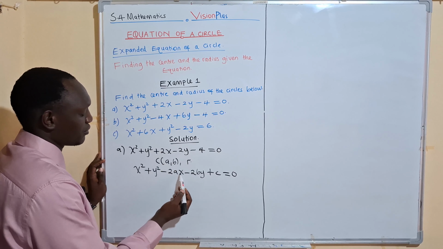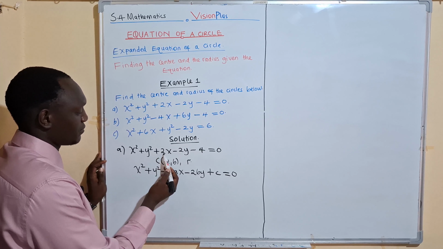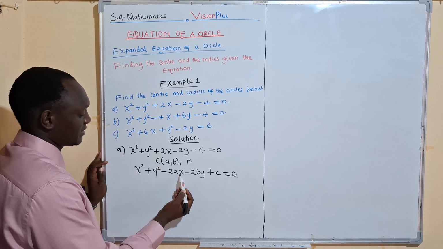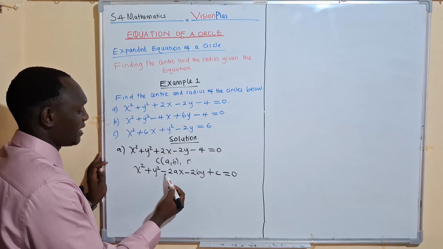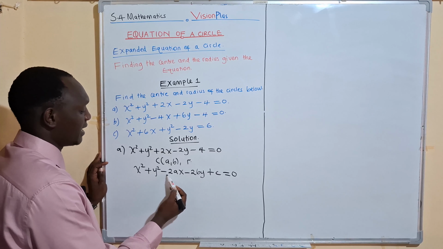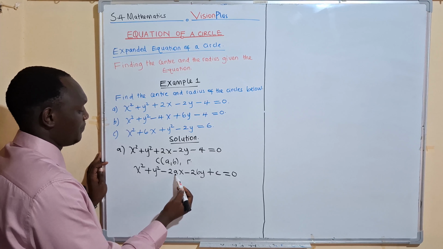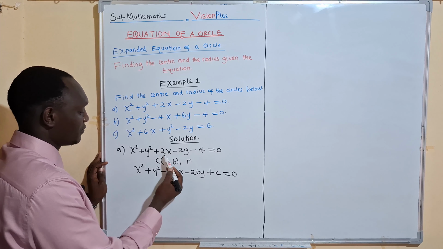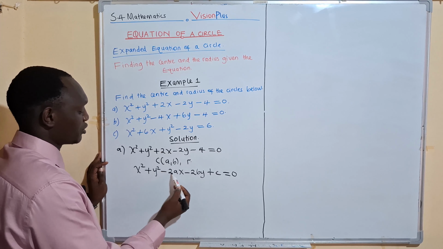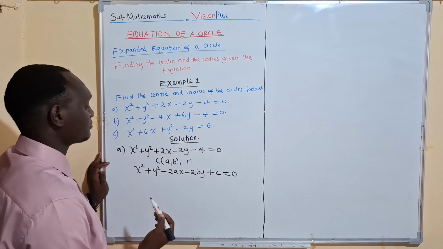The coefficient of x in the given equation is positive 2. The coefficient of x in the expanded form is negative 2a. So these coefficients correspond because the terms also correspond.